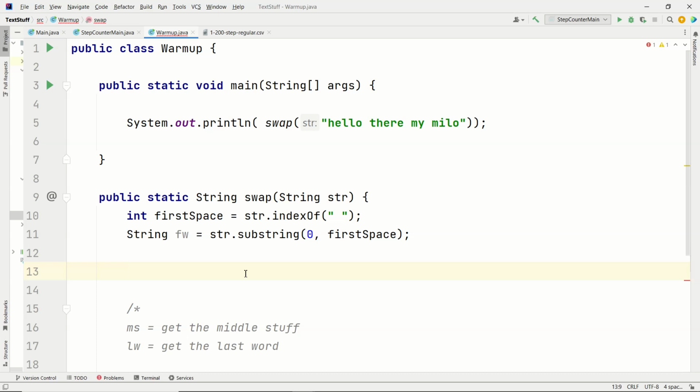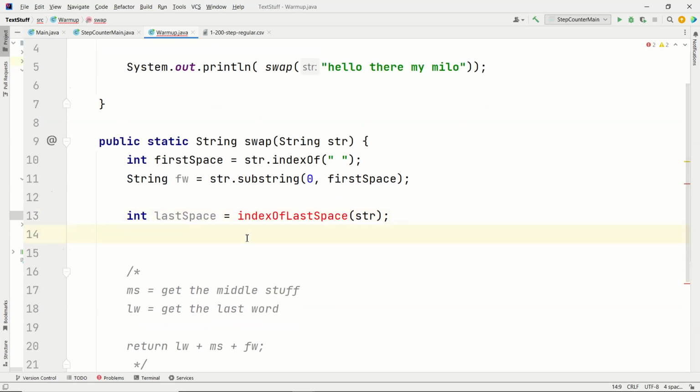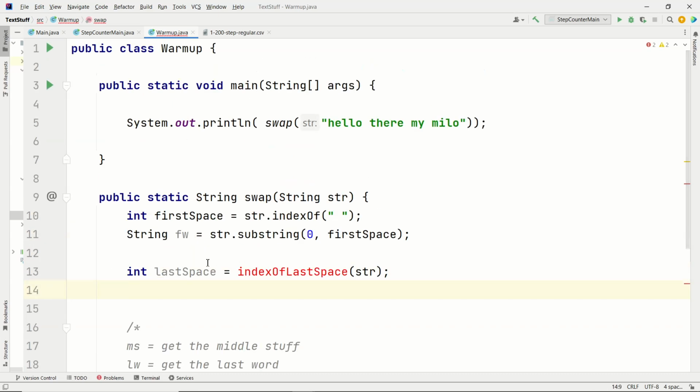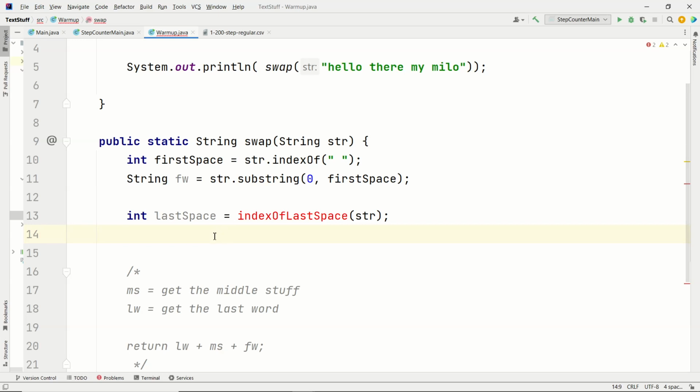I'm not going to type six lines of code right now to give me the index of the last space. Instead, I'm going to write: int last space equals index of last space, and then give it the string. We could write the method that does this right now, or we could just pretend that it's given us the right answer and write it at the end. So let's pretend it's given us the right answer.